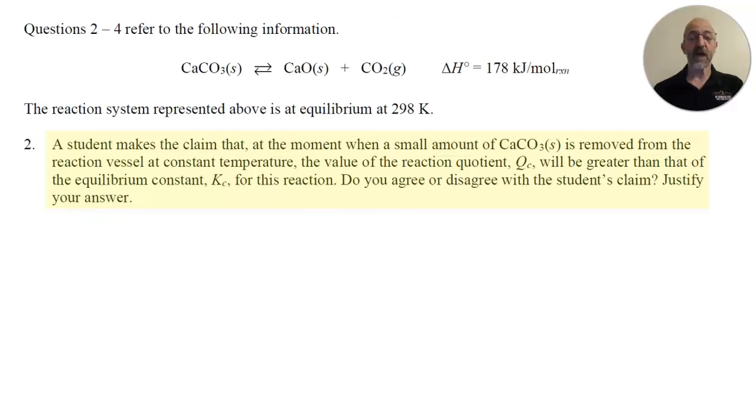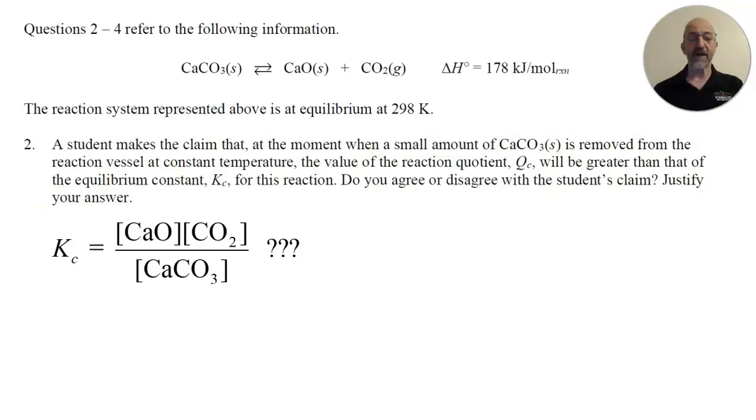Justify your answer. So what I will do is I will make an attempt at writing the equilibrium constant K for this reaction. So that would be products over reactants. So we have solid calcium oxide and gaseous carbon dioxide for the products, and we have solid calcium carbonate for the reactant.